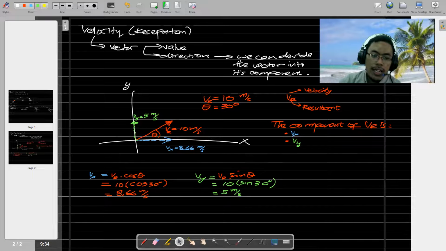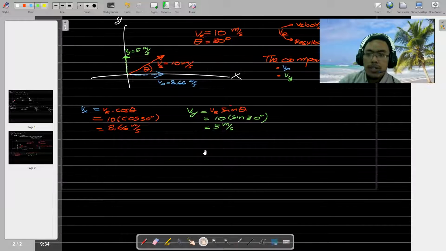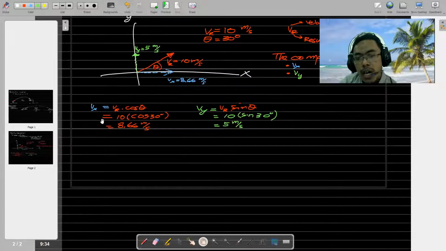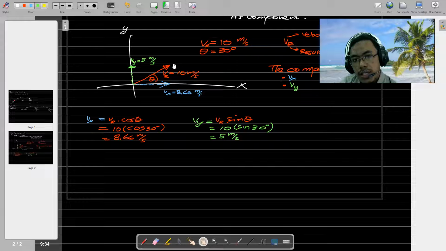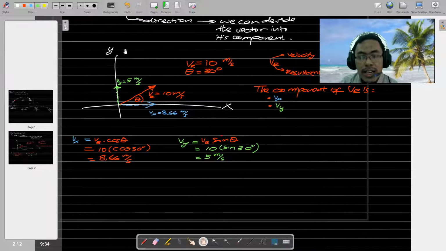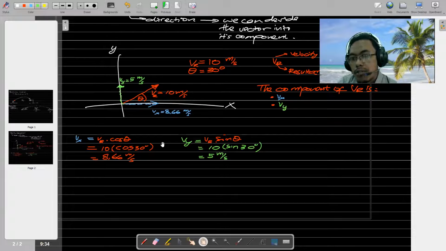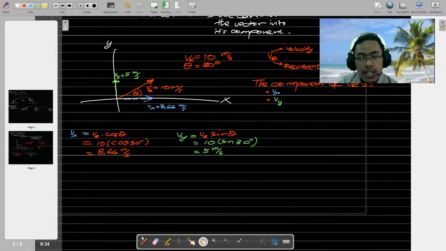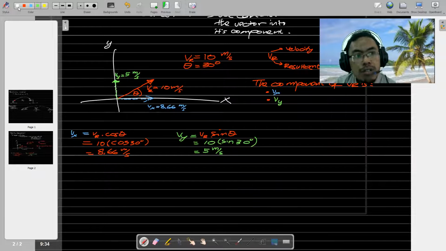Now, after we know how to decompose VR into its components, we try to combine them again, because when we have the values of its components, the picture will be like this.